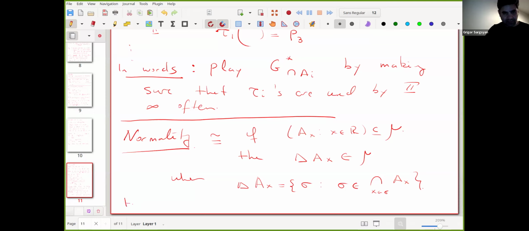So here we need, for each x in R, tau_x, a winning strategy for 2 in G(A_x*). And one has to think about how to do that.